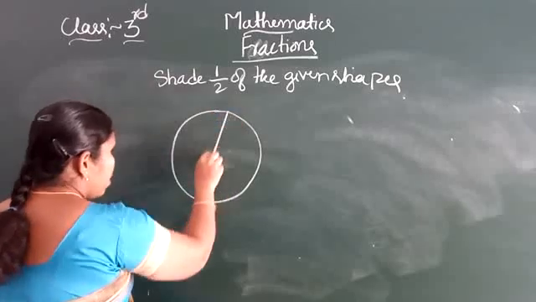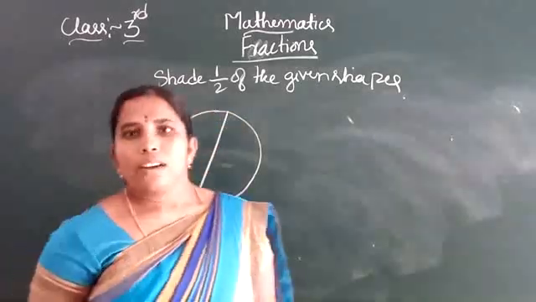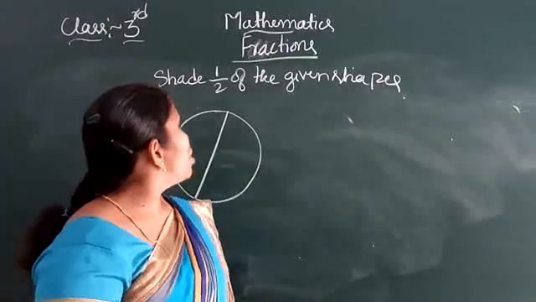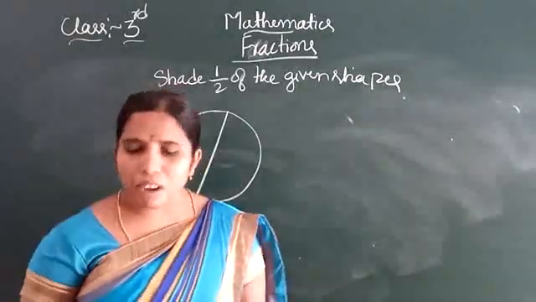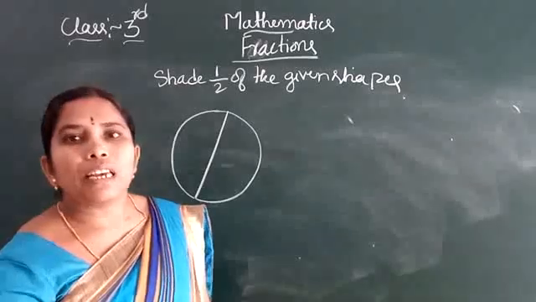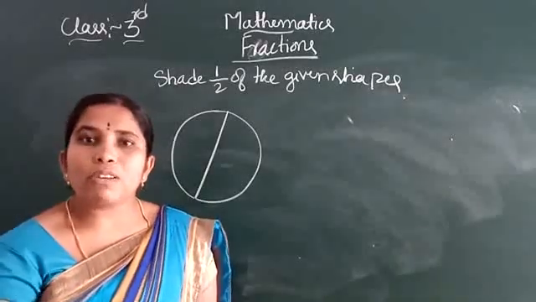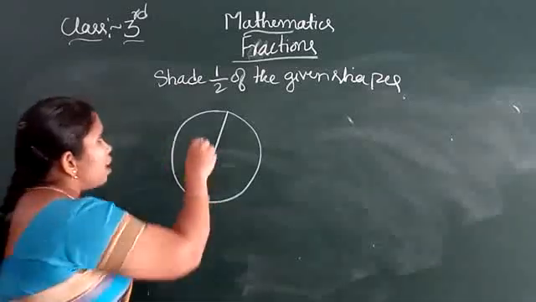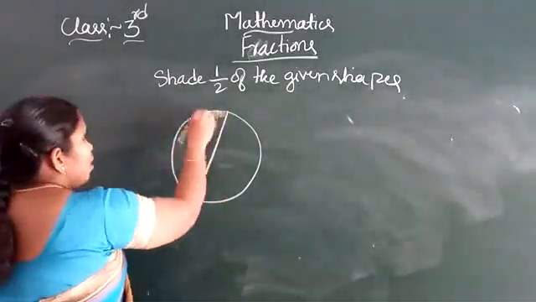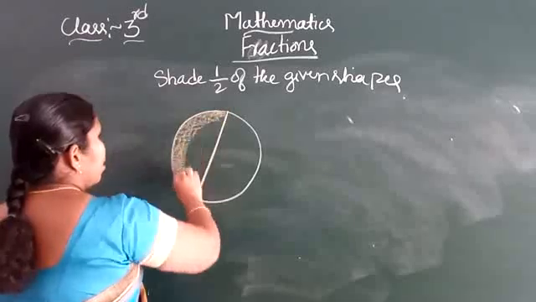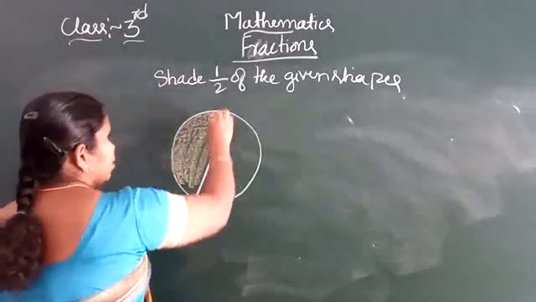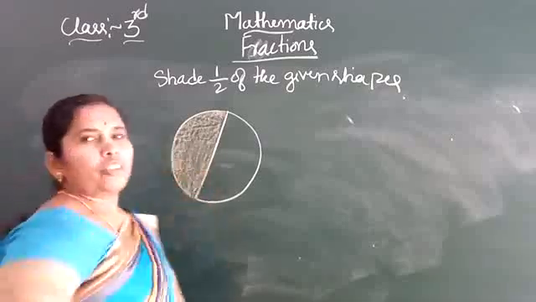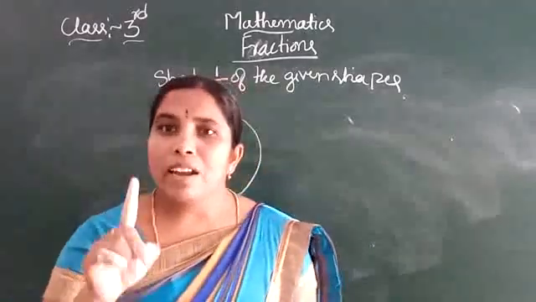Shade 1 by 2 of the given shape means here the circle is divided into two equal parts. You shade only one part, like that. Do you understand? Shade only one part.